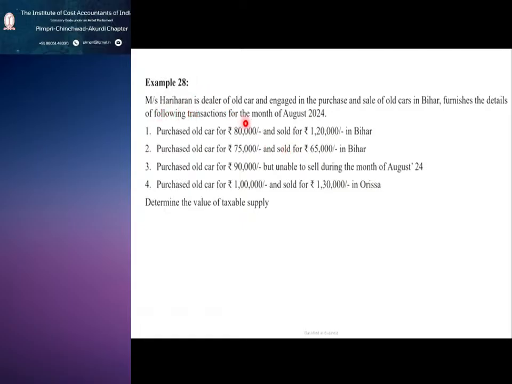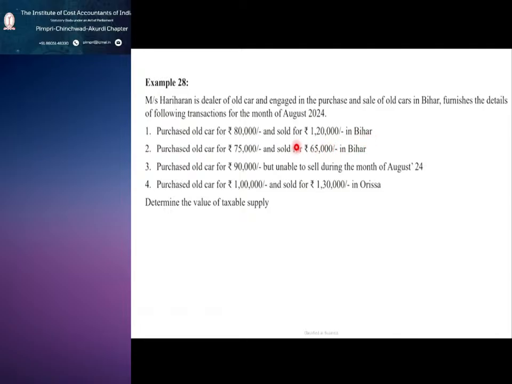Hariharan is a dealer of old cars and engaged in purchase and sale of old cars in Bihar and furnishes the details of the following transactions. See here, first one is purchased old car 80,000 and sold for 1,20,000 in Bihar.